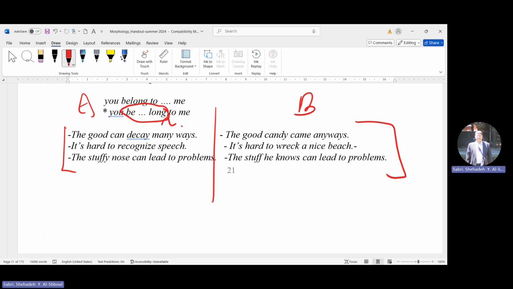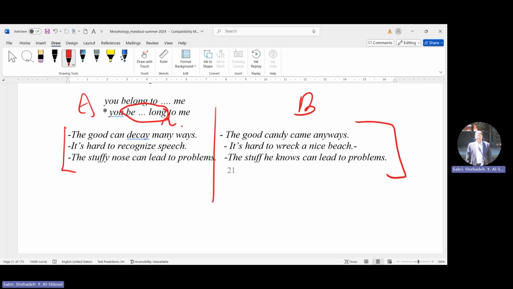So, for example, when I say "the good can decay many ways," if I keep producing such sentences in a machine style, maybe it would be hard for the listeners to know what I mean. But if I make the proper pauses, the difference between the two sentences in A and B would be clear.